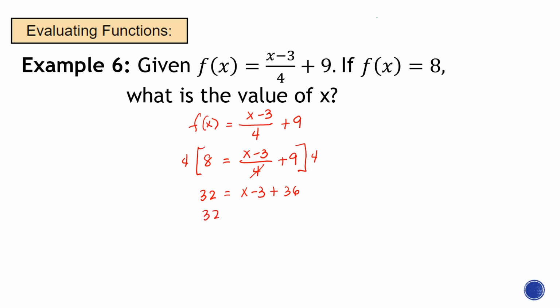So this is 32 equals x, negative 3 plus 36 is equal to x plus 33. And then we will subtract 33 on both sides. So x equals negative 1.